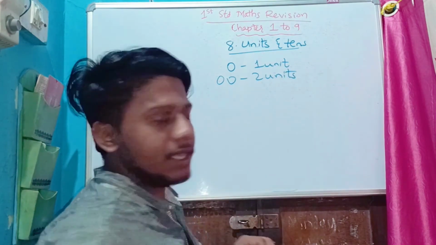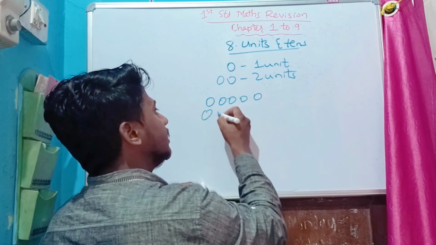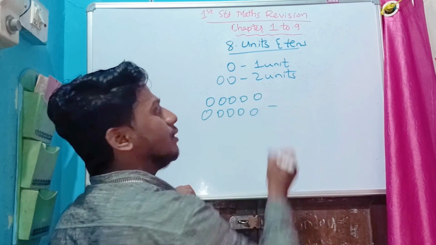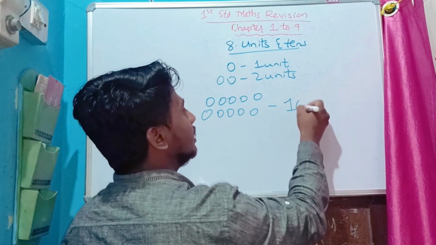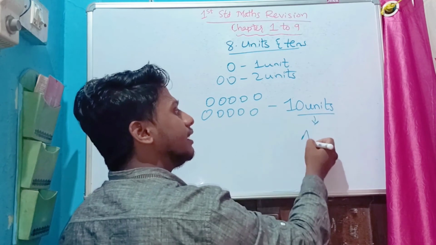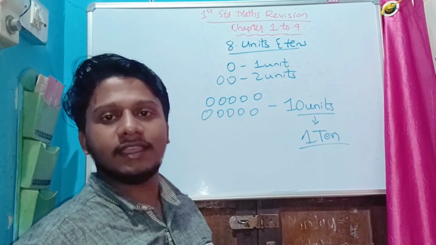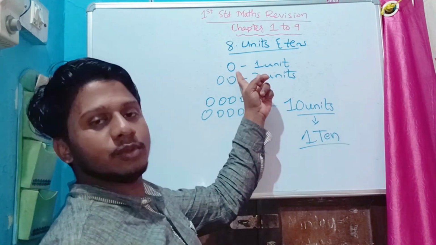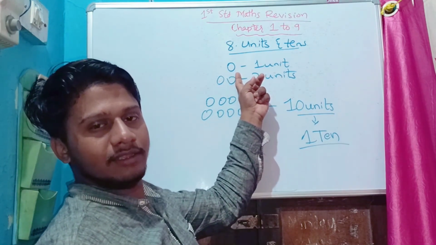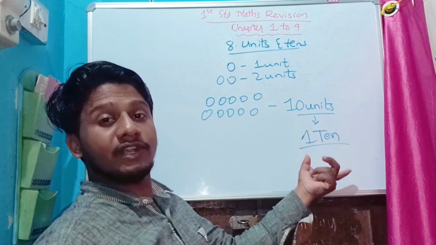Yes, the same if I consider 10 balls, how many units? 10 units. This 10 units is nothing but a group of 1 ten. Clear with this, kids? Each object is treated as 1 unit. Yes, and the group of 10 units is treated as a group of 10.